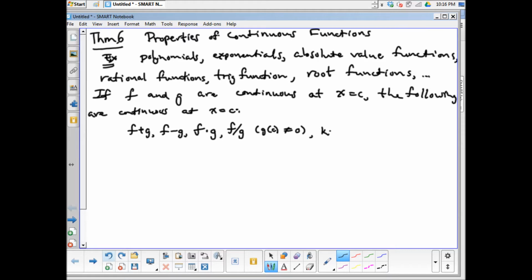A constant times f, where k is any real number. These are all continuous as well. Theorem 7 says all compositions of continuous functions are also continuous.